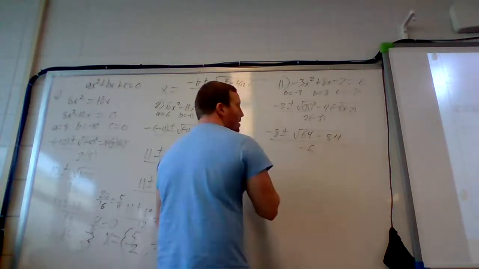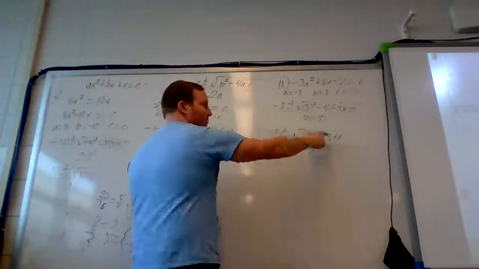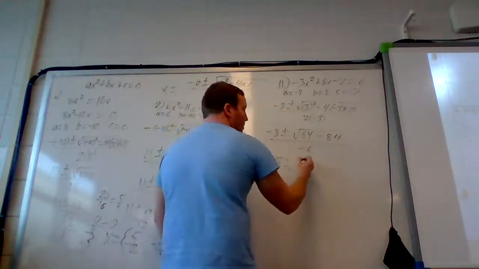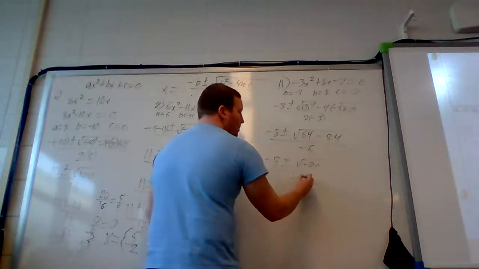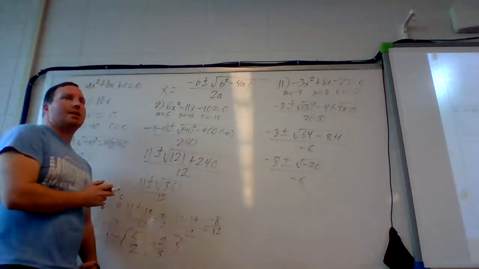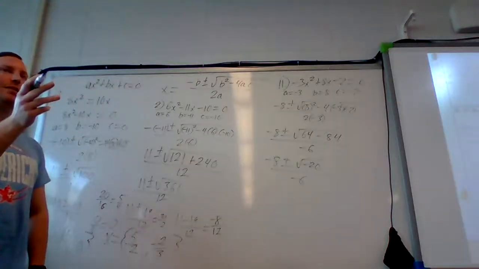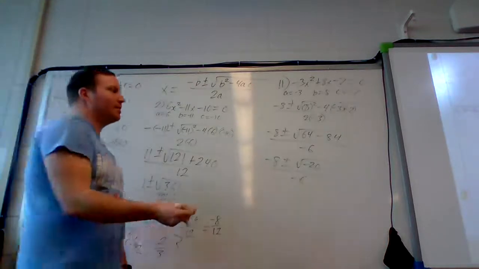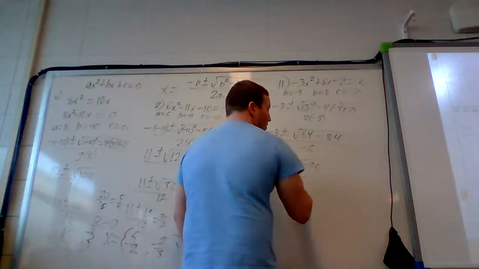Now here's the reason why I wanted to do this one. 64 minus 84 leaves us with negative 20. What happens when we have a negative under the square root? There's no real solution, but we do have an imaginary solution.